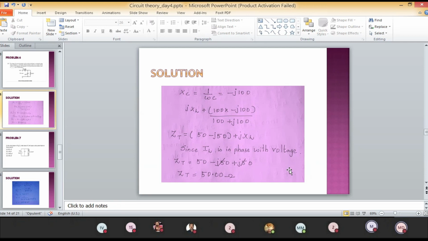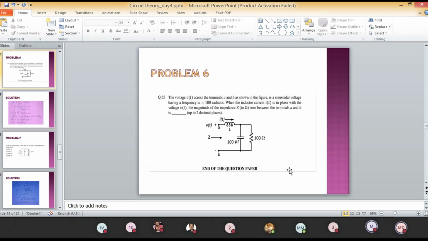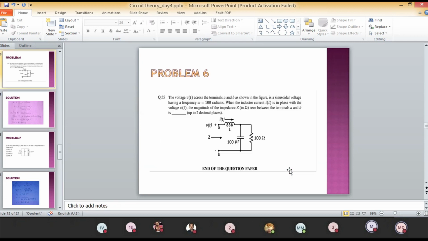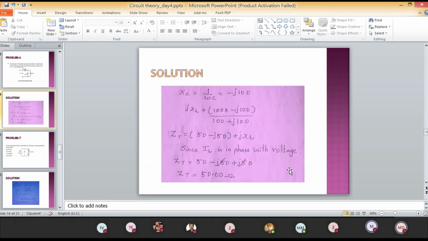And j into XL. Now, you can notice that both the resistor and the capacitive reactance are connected in parallel, so convert to an equivalent: 100 into minus j100 divided by 100 plus j100, where 100 is the resistance value and minus j100 is the capacitive reactance.